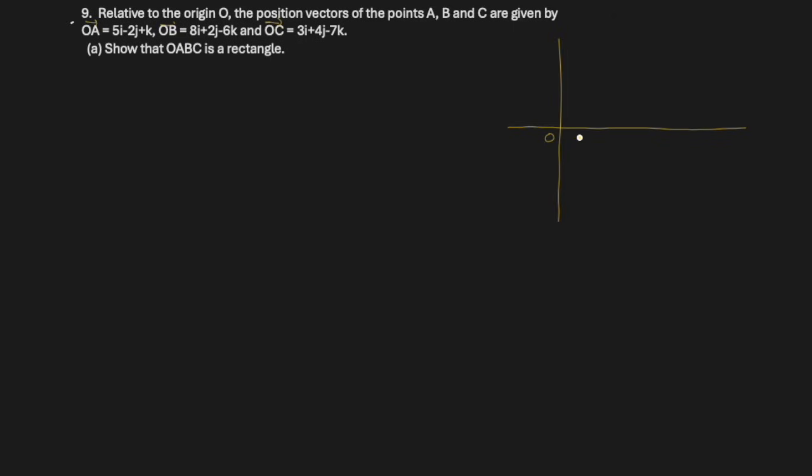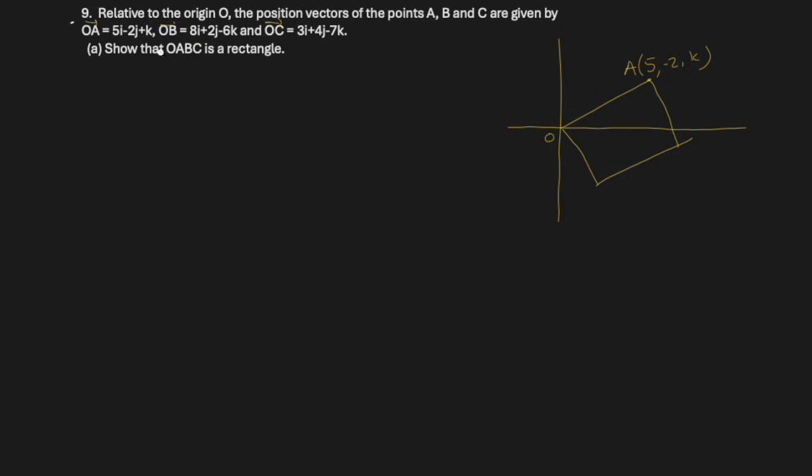So let's assume that it is this way. I'm not saying this is the right way, but for the sake of understanding, OA is 5, minus 2, 1. So 5, minus 2, 1 are the coordinates of the point A, because that's a position vector. OB is 8, 2, minus 6.